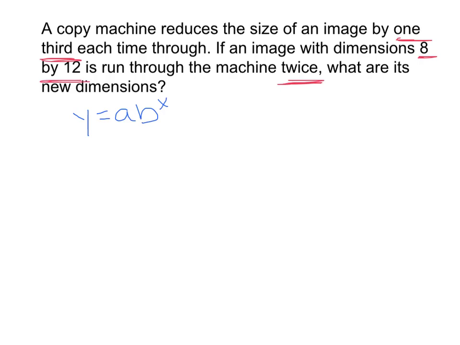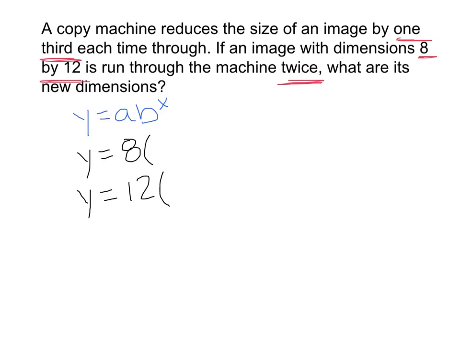Initially, I know 2 different things, so I'm going to need 2 different equations. We're going to need an equation for the dimension with the 8, and an equation for the dimension with the 12. So I'm going to write 2 separate equations. Everything else will remain the same though.